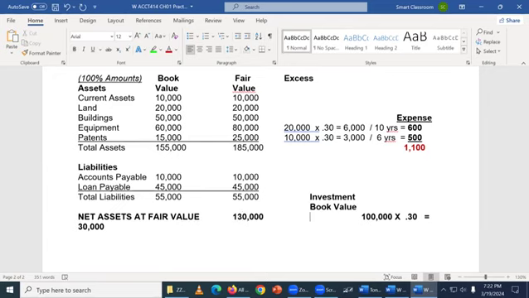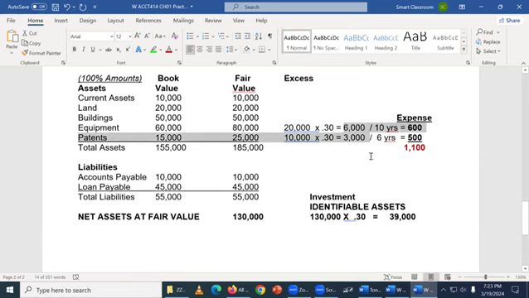That would be including the identifiable assets, which would have been 39,000, and that would have included these two, the 6,000 and the 3,000.